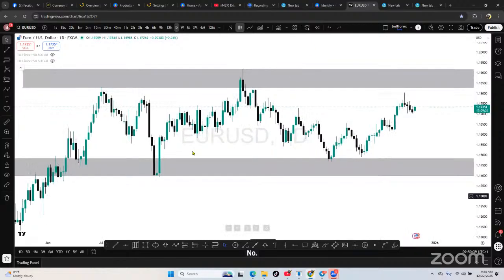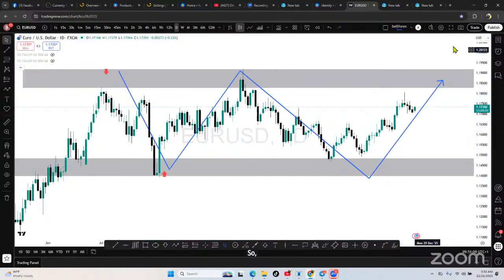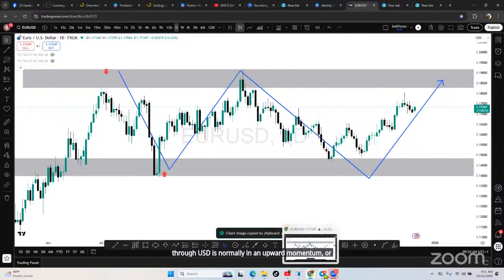Donc, on a eu un mouvement baissier et en même temps, on a vu ce mouvement haussier ici. And we have wave 1, 2, 3. So we're in a wave 4. So directly saying that Euro USD is normally in an upward momentum or an upward push.